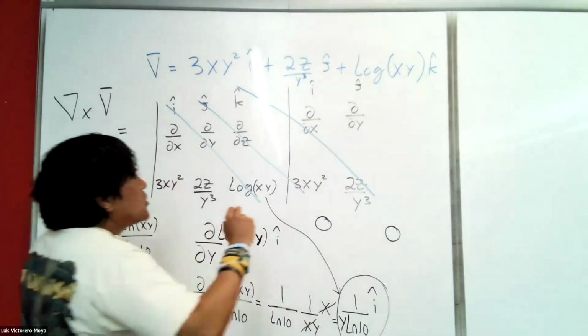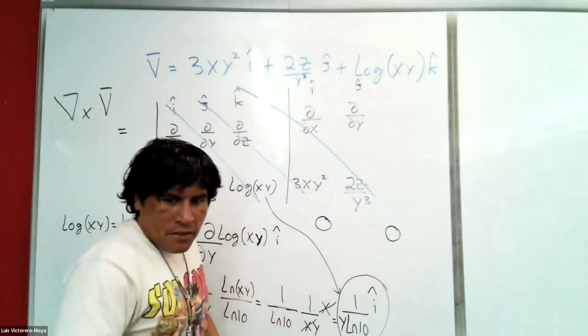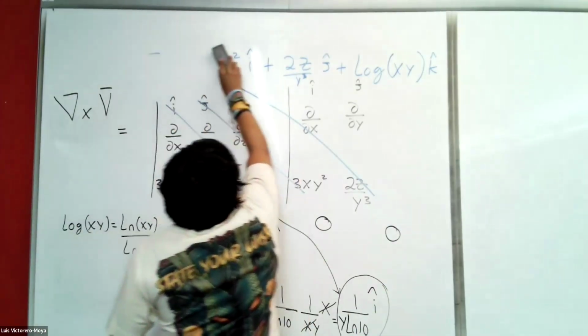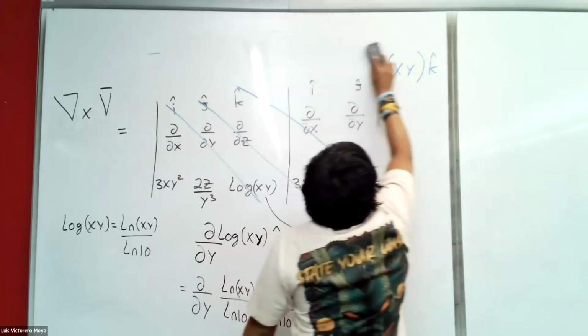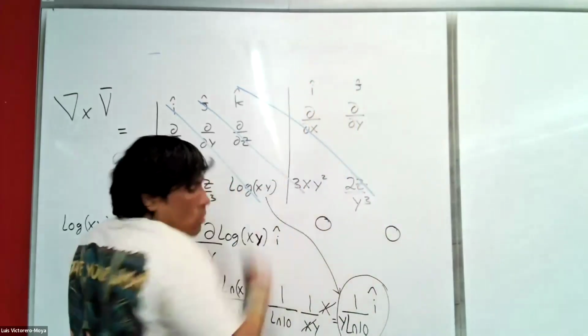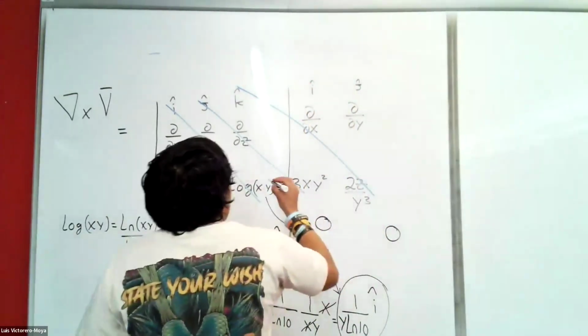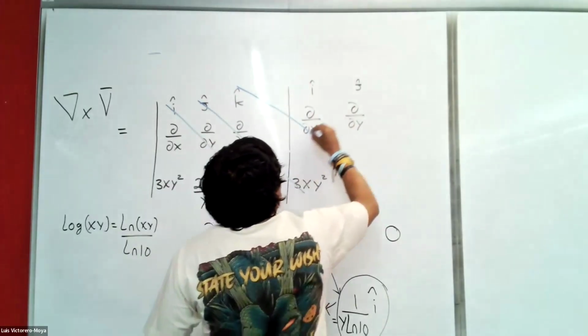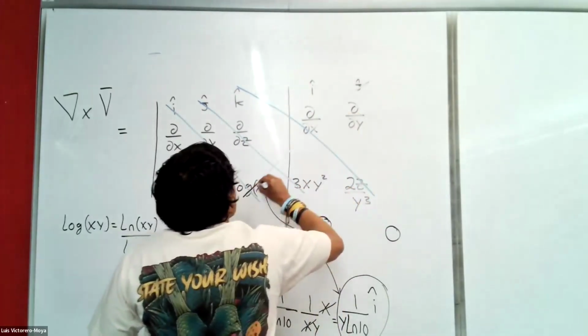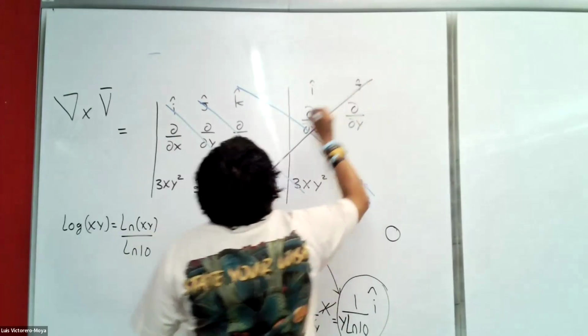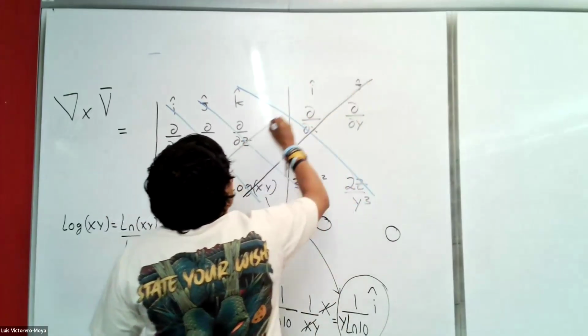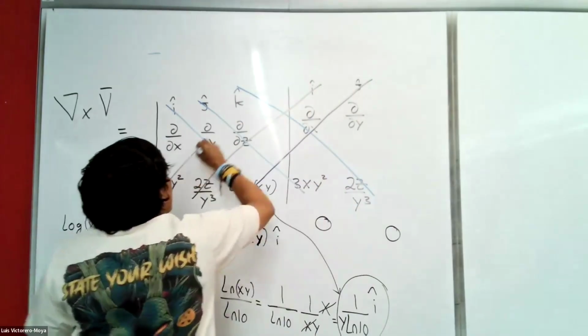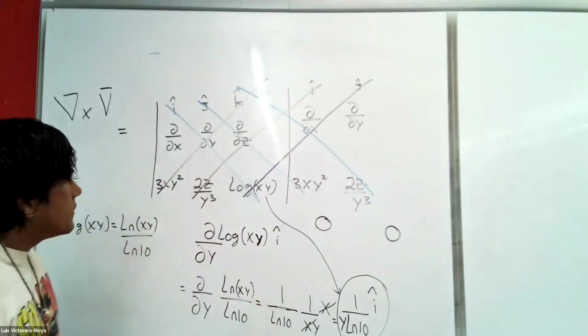All right, but we haven't finished yet. Now let's erase that one on the top. We don't need this anymore. Let's go here. Look at this one, they all have it.